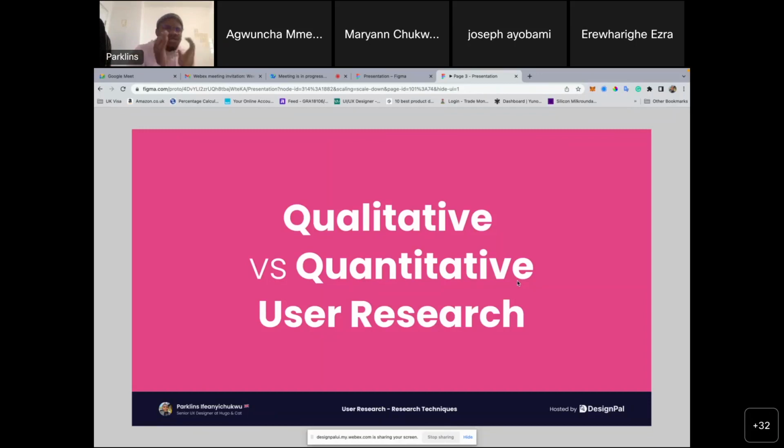Qualitative user research, the one that has to do with the qualities of the user, helps you understand what makes up this user. Why does this user do the things that they do? Let's say the quantitative research you find is that Parklands goes to school by bus every day and comes back by train every day.